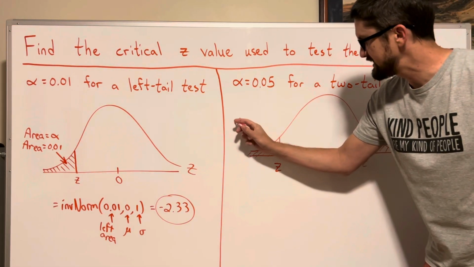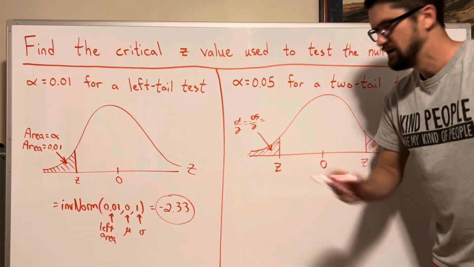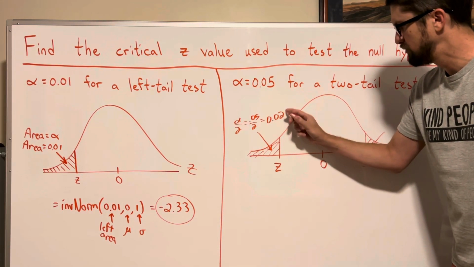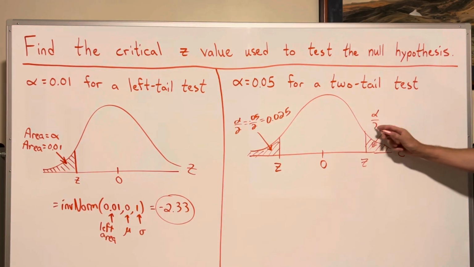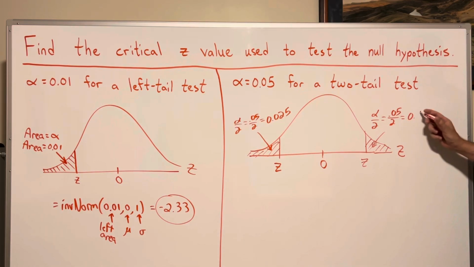So this area is alpha over 2, which is half of 5%. That's 2.5%, or 0.025. And the same thing over here. Half of 0.05 would be 0.025.